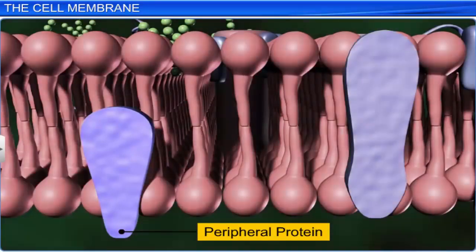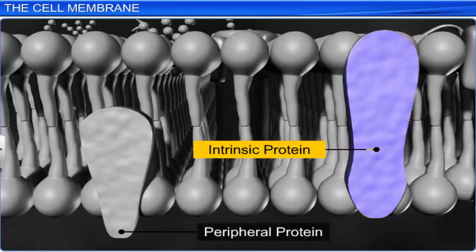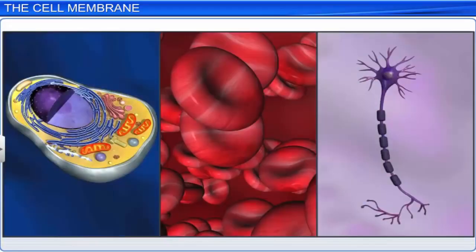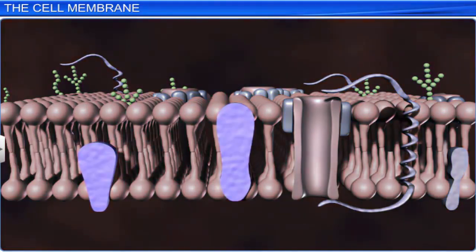On the other hand, intrinsic proteins are totally or partially embedded in the bilayer and can be removed only after disrupting the entire membrane. Scientists also deduced that the ratio of proteins to lipids varies greatly between different types of cells. For instance, the cell membrane of red blood cells is 52% proteins and 40% lipids.